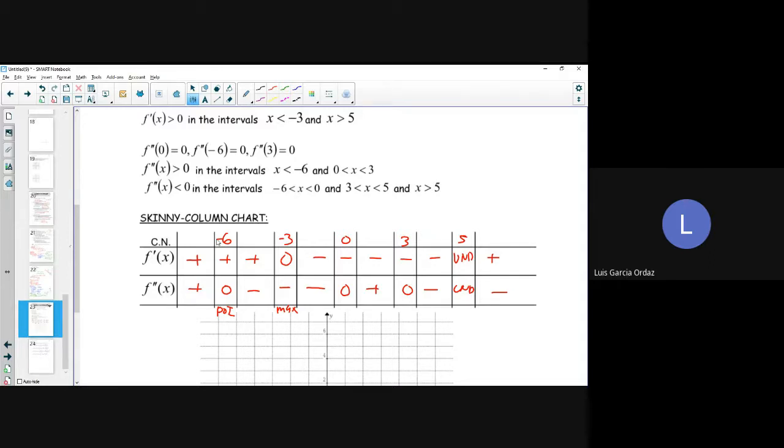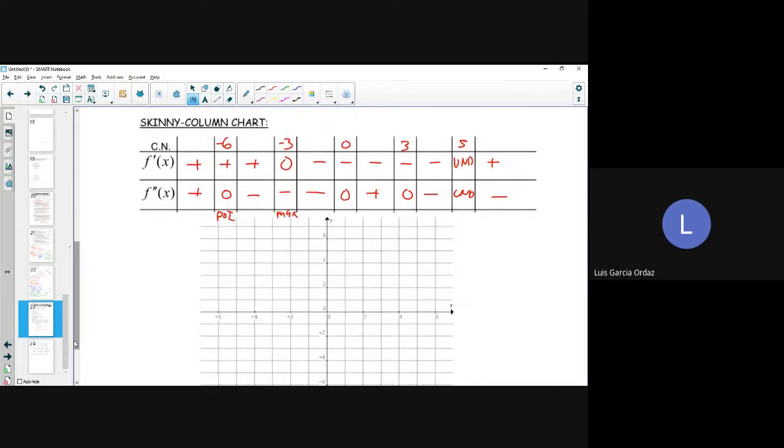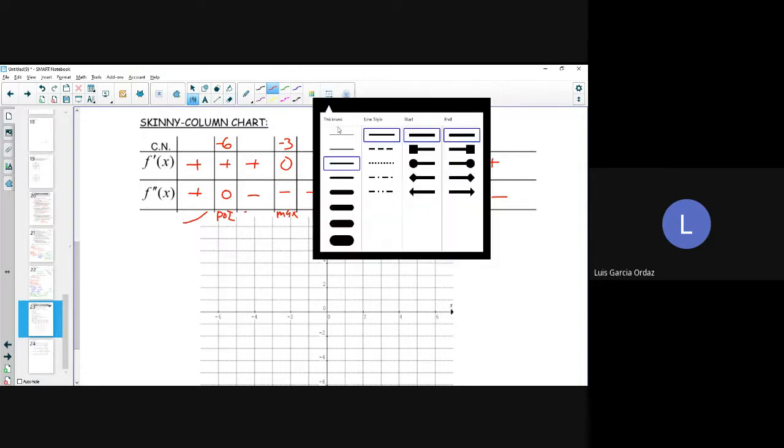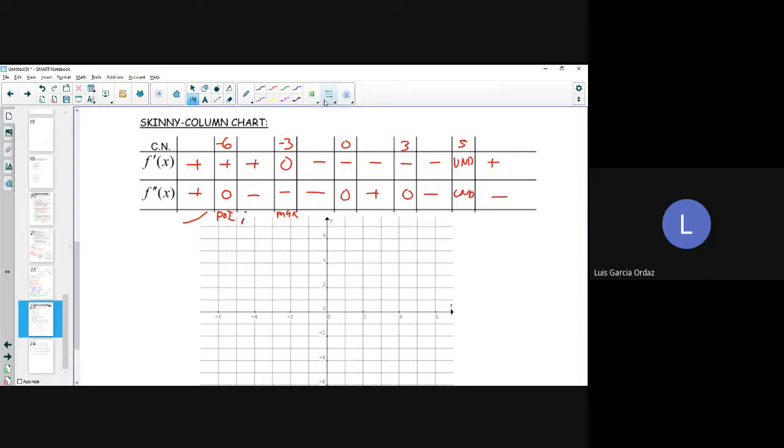So now I can draw my graph. So here I'm concaving up, concaving down. Oops, because there's a max, I'm concaving down the other way. Concaving down, concaving down.